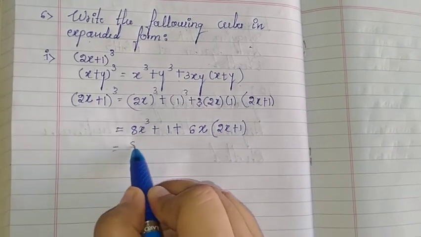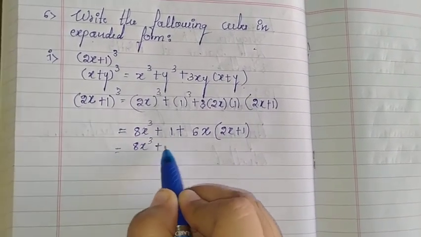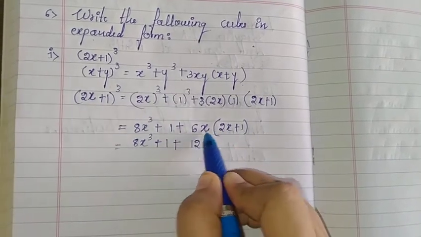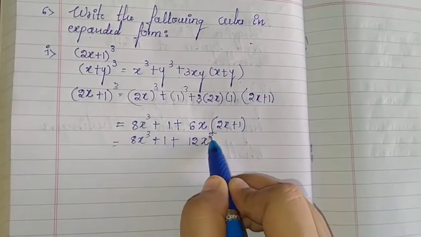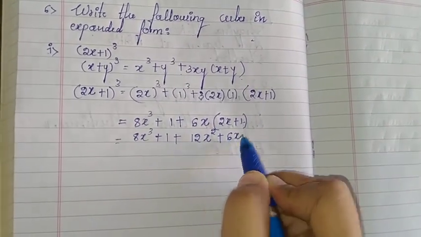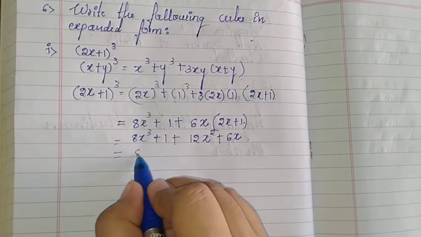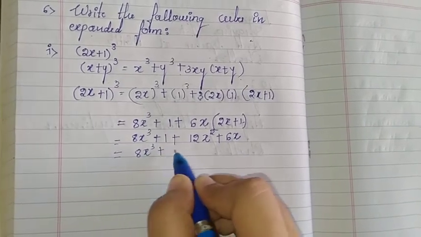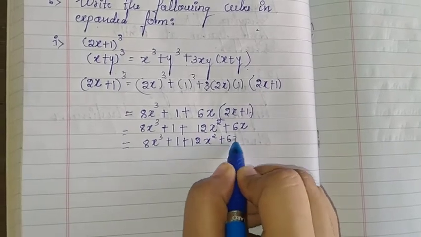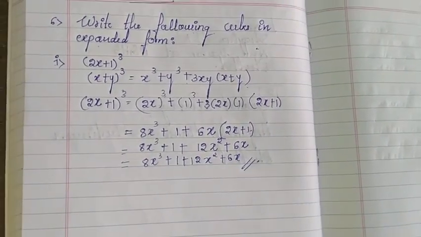So this will be equal to 8x cube plus 1 plus 6 2s are 12, x into x is x square, plus 6x into 1 is 6x. So this will be equal to 8x cube plus 1 plus 12x square plus 6x. So this is your final answer.